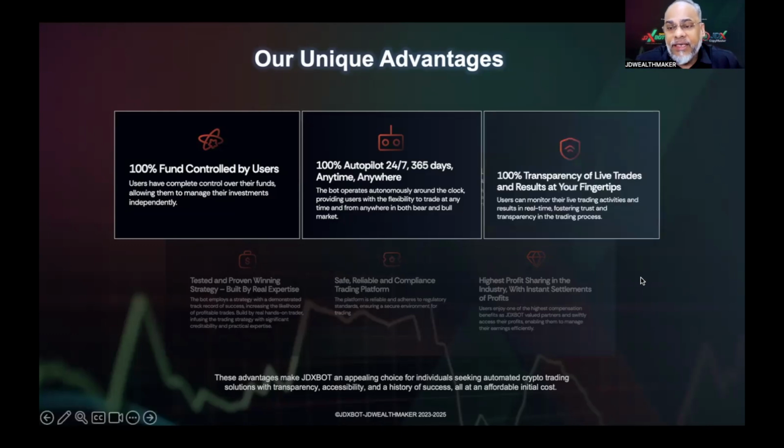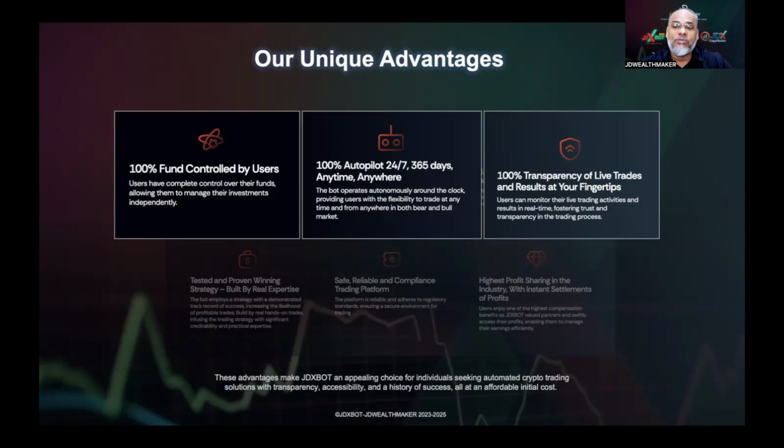Okay. Now, the other thing is that there is 100% transparency of live trades and results at your fingertips. So once you already have the exchange registered, you will have the app. With the app, you can actually monitor all the live trades that are taking place. Now, apart from that, you will also have the independent report from the exchanges, where you can actually look into the trading analysis and so on. I think this is important because these are critical transparency.